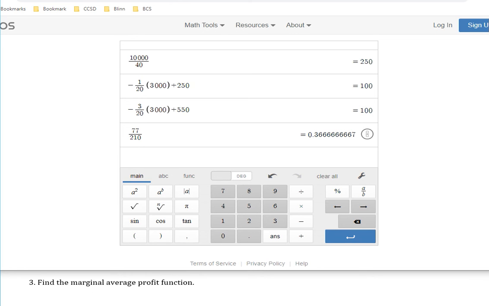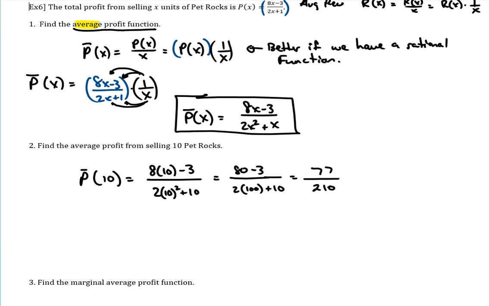So it's 0.3667, we'll do it to 4 decimals, however many decimals they might need. So that's our average profit from selling 10 pet rocks, and that would be in dollars.